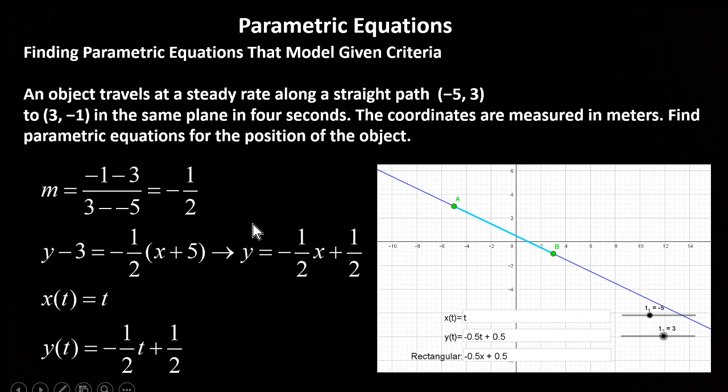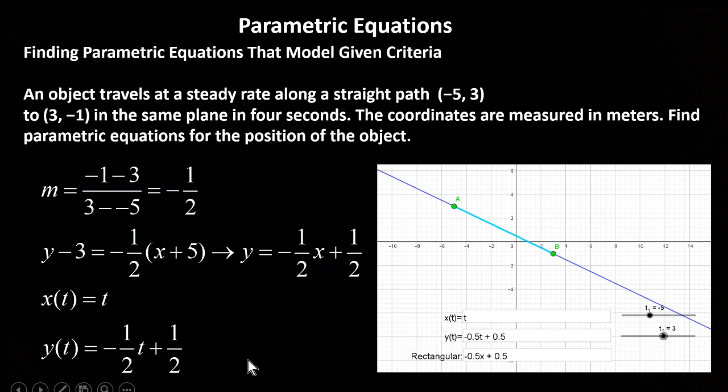Now, to parameterize a rectangular path, the easiest way is to just let x be t, and then let y be a function of that. Make sense? So that's how we parameterize it. That's not the only way.